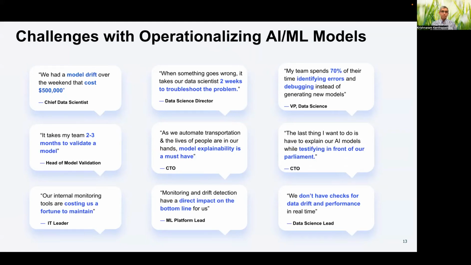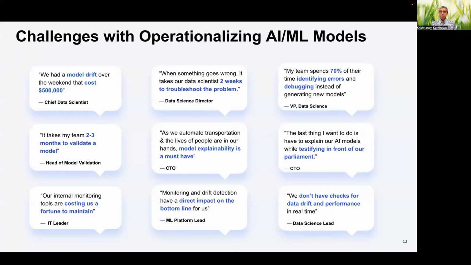Often the machine learning practitioners encounter a lot of time before they're able to detect and thereby troubleshoot the problem. Sometimes they're worried whether they will have to go and testify in front of legislators, because even they themselves may not have a good understanding of how the models are behaving, and so on and so forth.